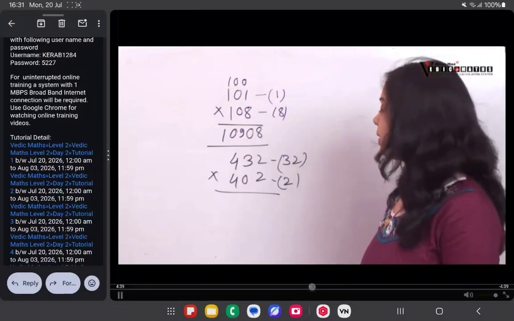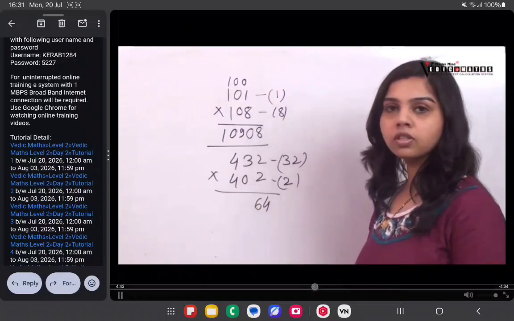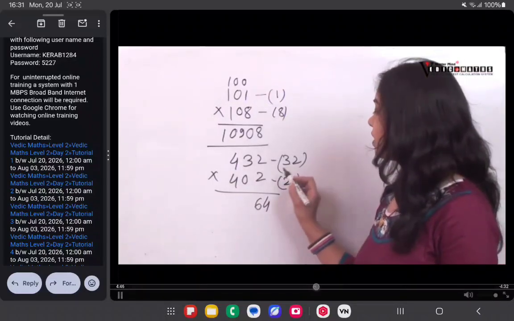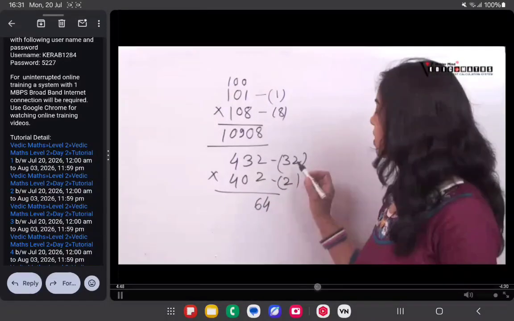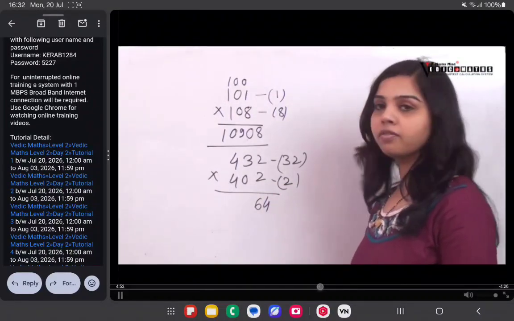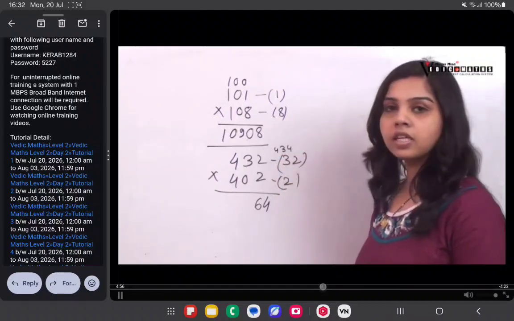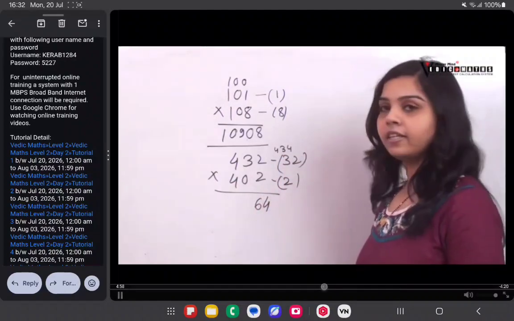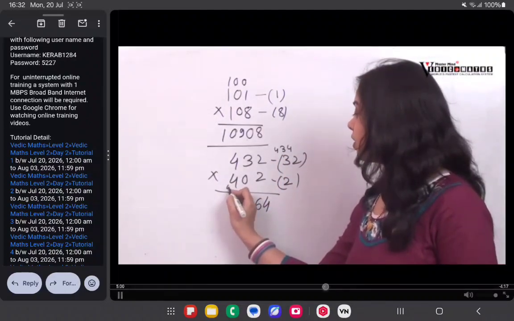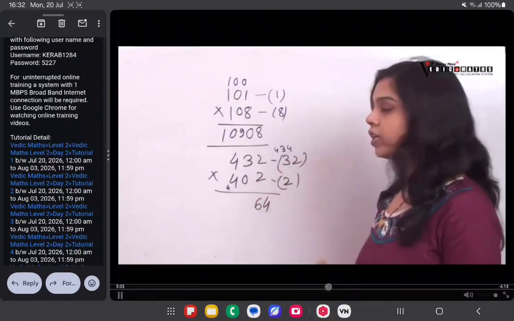Our process is to multiply the excesses, 64. Then add the excess to the other number, that means 32 plus 402, that means 434. Since the base is 400, we have to multiply it by 4. So 434 into 4.